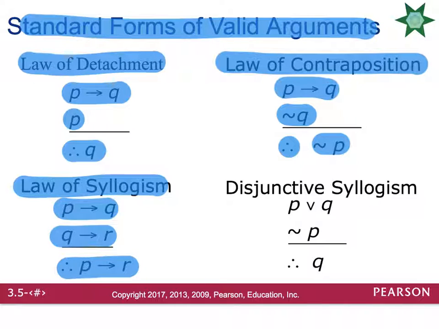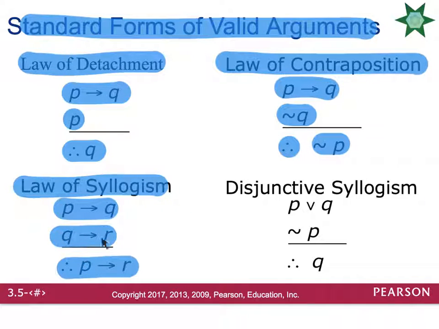Let's add another thing to this. Let's say R is then you will graduate. So if you pass exam 2, then you will pass the class. If you pass the class, then you will graduate.